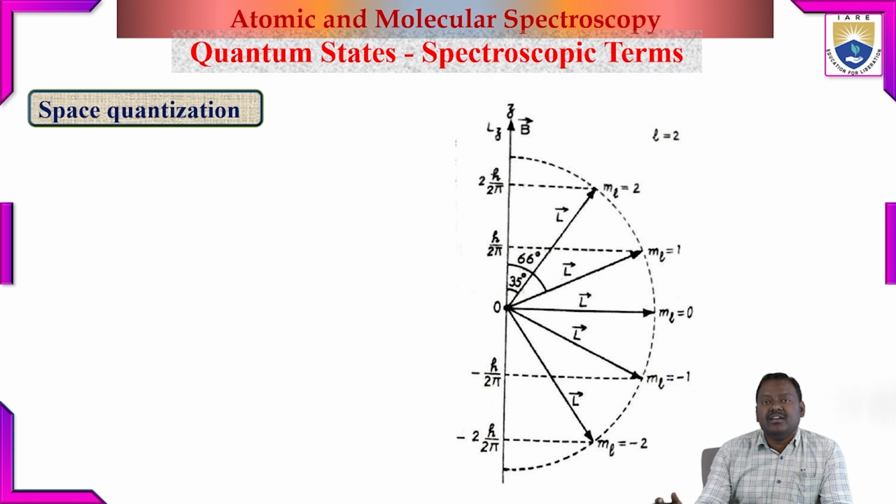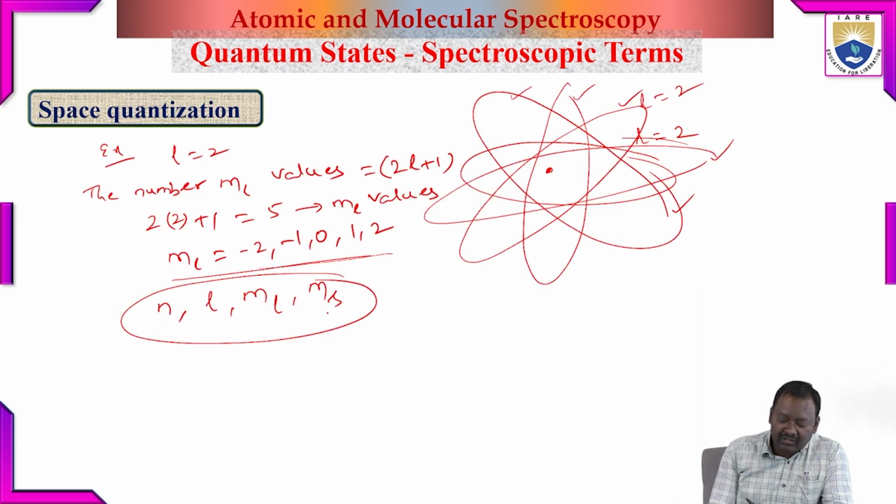First, we will see how these orientations will be in space, with respect to ml values. We already observed that there are 5 different orientations. So for example, for L equal to 2, there are orientations like this.